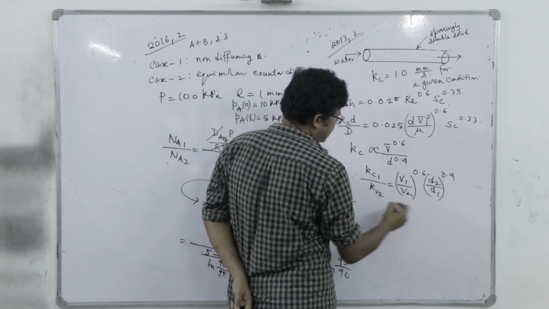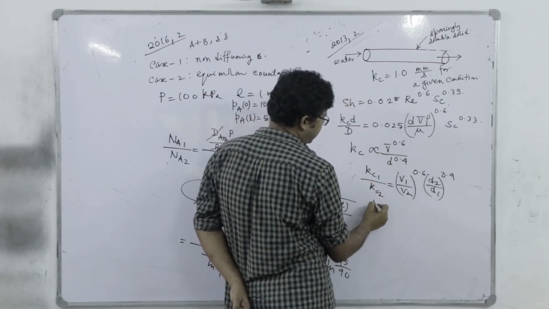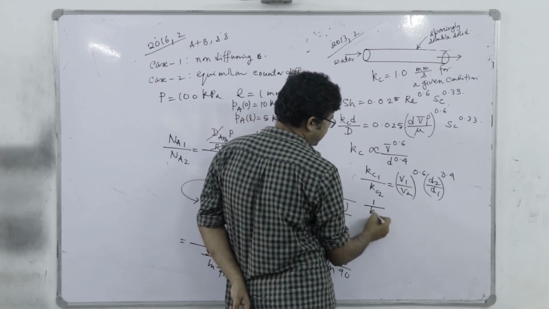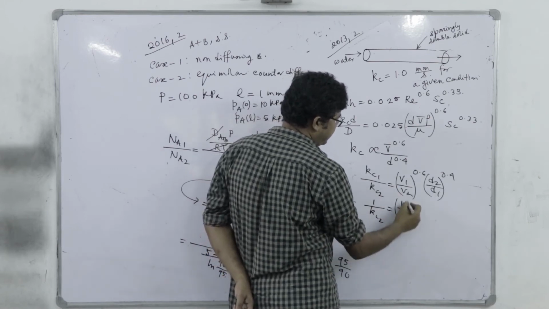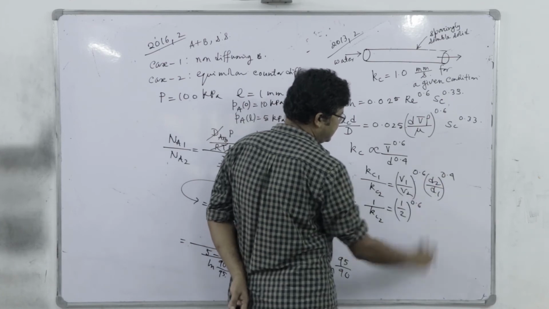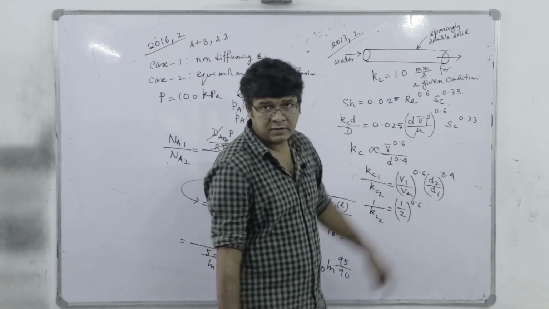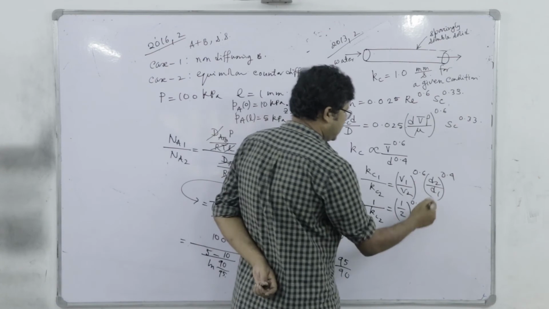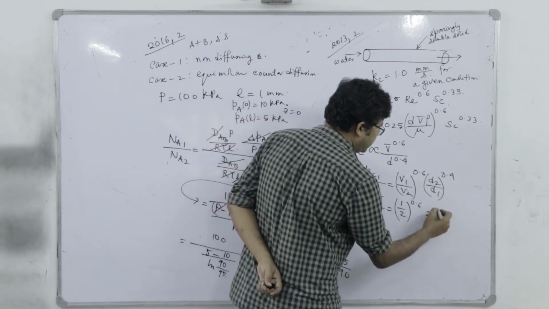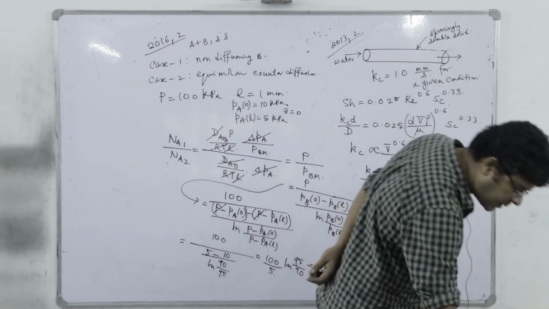So, let us say Kc1 is 1 millimeter per second. So, this is 1 by Kc2 and velocity is doubled. So, it is half to the power 0.6, right, because V2 is twice that of V1 and D2 is twice that of D1. So, D2 by D1 is 2 and that is the statement, I think, yeah.